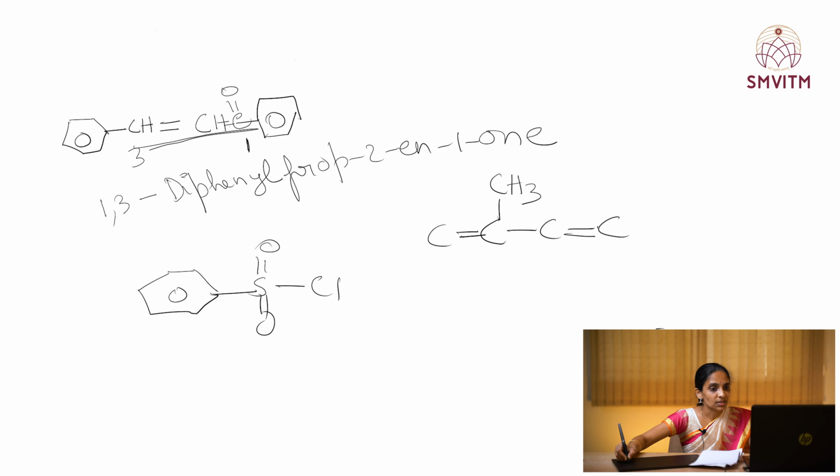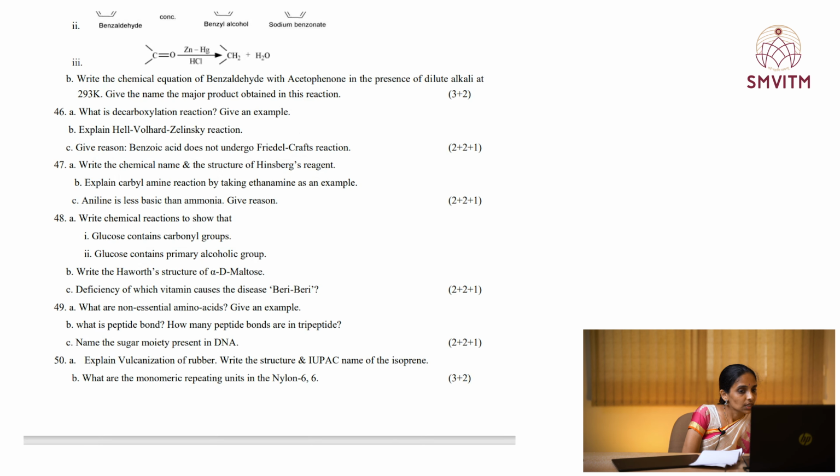The first and third carbons have double bonds. Satisfy the valencies using an appropriate number of hydrogens. So, this is 2-methyl-1,3-butadiene.